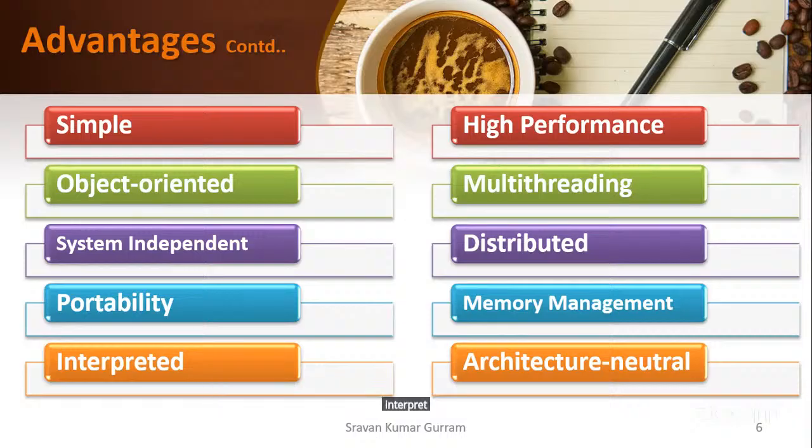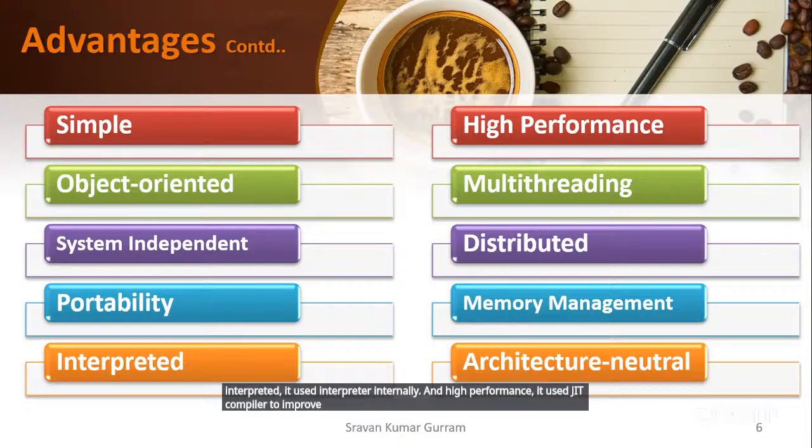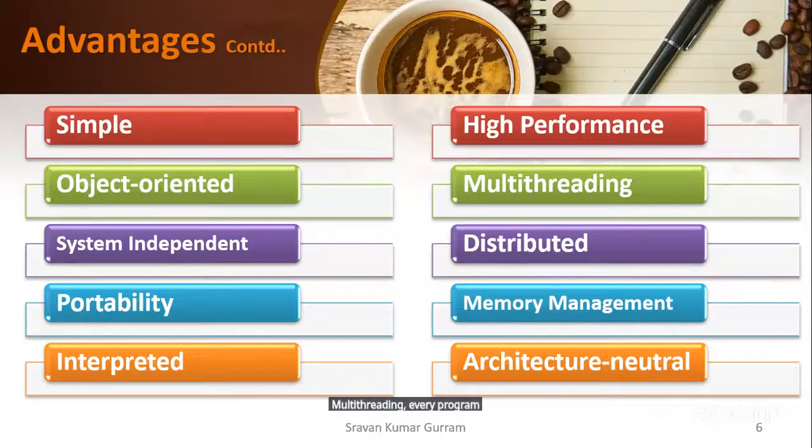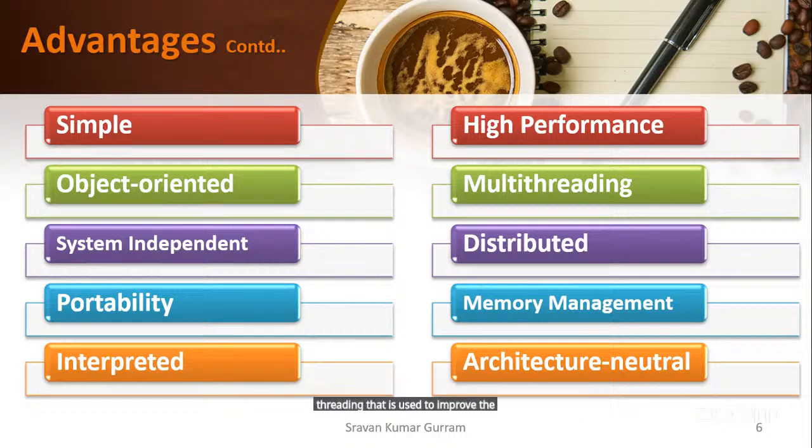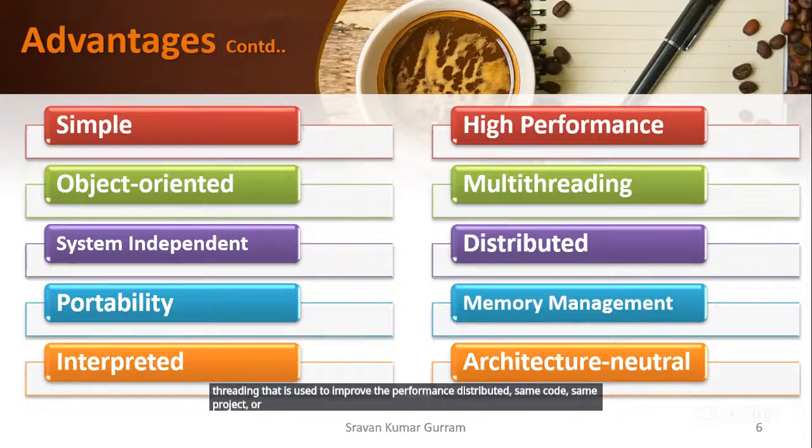Interpreted, it uses an interpreter internally. And high performance, it uses JIT compiler to improve the performance. Multi-threading, every program is divided into processes. A process is further divided into threads, that is used to improve the performance. Distributed, one Java project can access another Java project's code also.